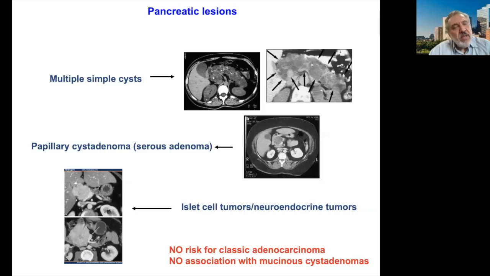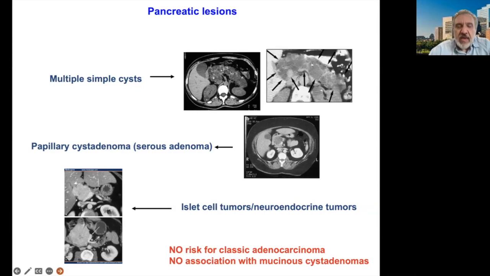So we don't do anything with the cysts, and we don't do anything with the serous cystadenomas. It's very rare that one cyst or cystadenoma grows big enough to block the biliary duct, like the gallbladder, or block something else, or give symptoms.